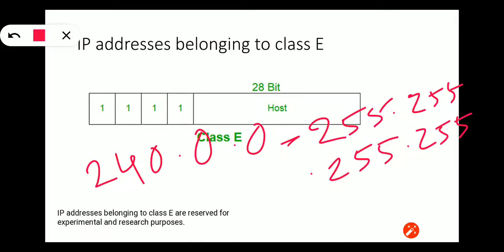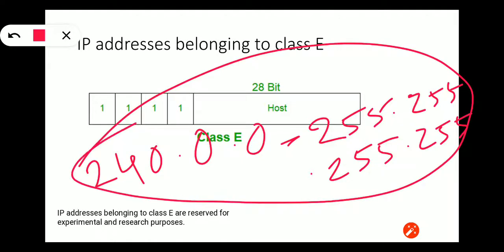This is totally reserved for research purposes. This class doesn't have any subnet mask. The higher order bits of the first octet of class E are always set to 1111.